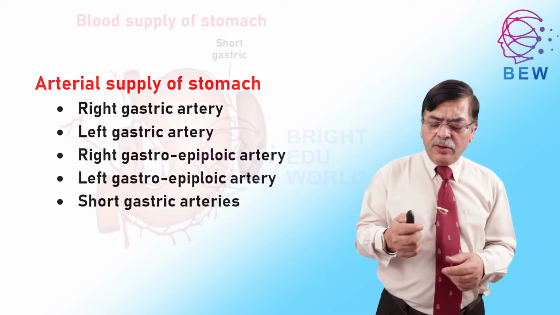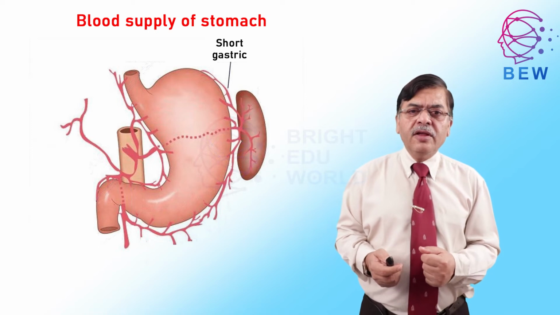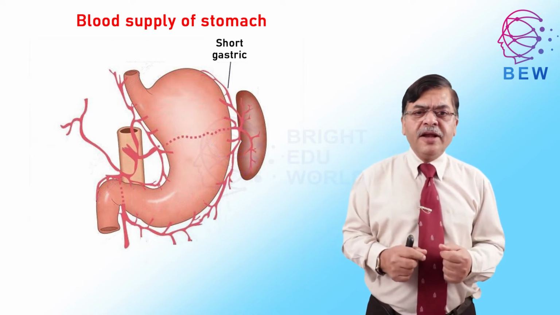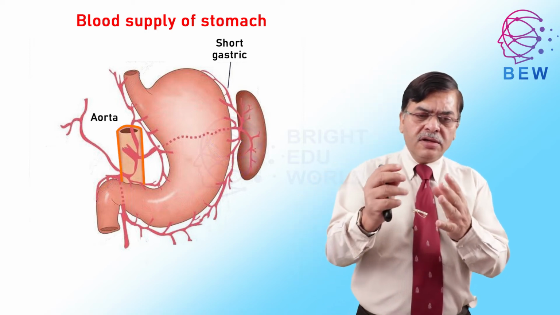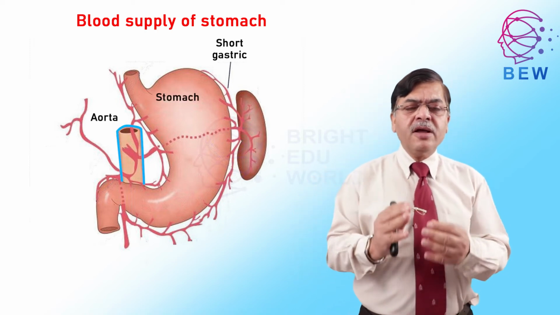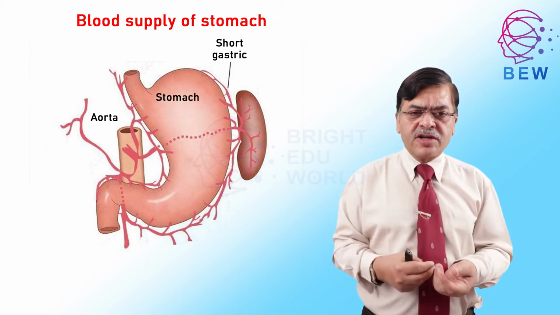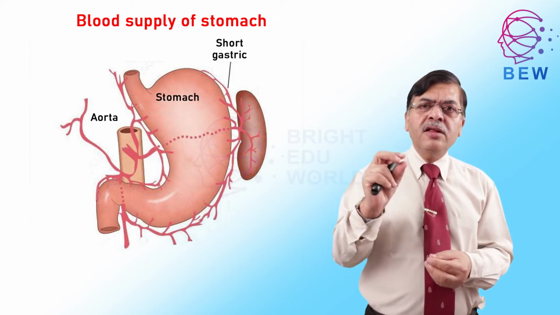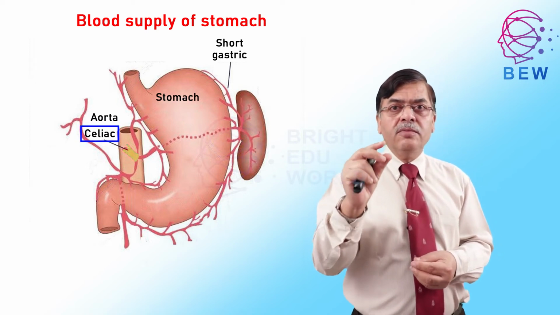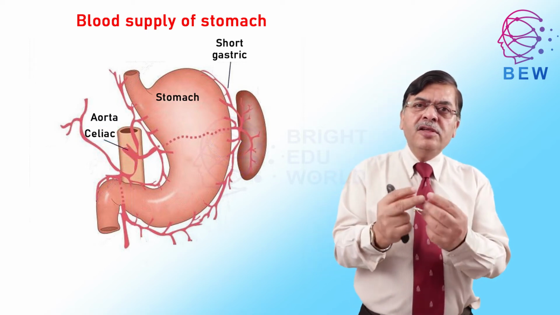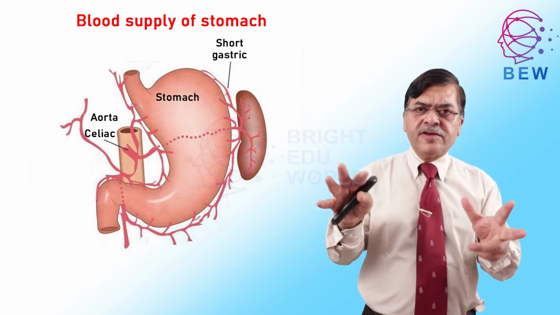So now look at this picture. Looking at this picture, you will understand. You can see that the aorta is just on the medial side of the stomach and running posterior to the stomach. From the aorta, the celiac axis arises, which is a short, thick blood vessel, and it immediately gives three branches.